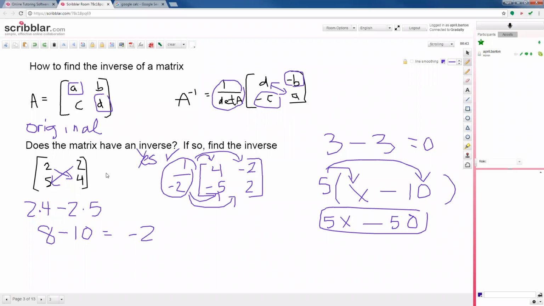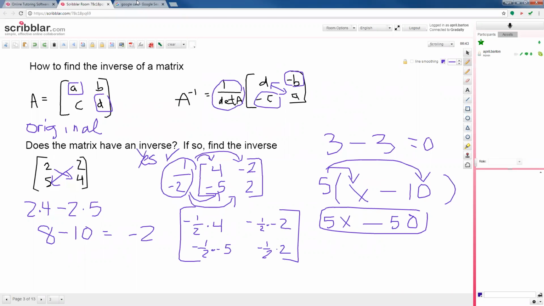So we have to multiply -1/2 times each thing inside here. We have to do -1/2 times the 4, -1/2 times the -2, -1/2 times the -5, and -1/2 times the 2. So how are we going to do that? Fractions are kind of hard to work with.